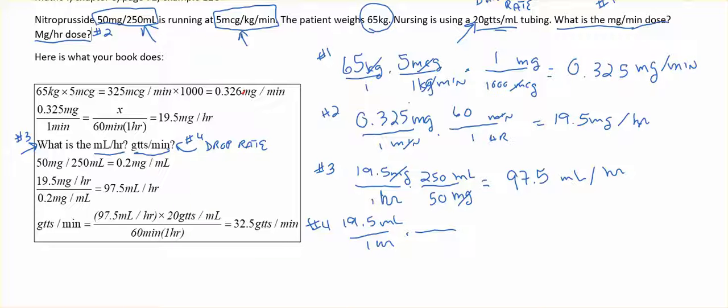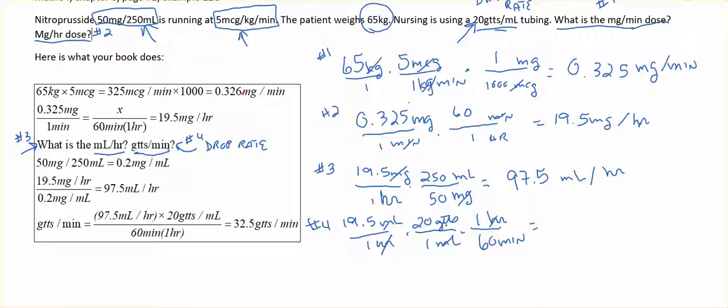Let's see, what was I using? 20 GTTS per milliliter. So 20 GTTS for 1 milliliter. And you can see these guys are going to get knocked out right there. And then leaving me with GTTS per hour, but I want to change those hours. 1 hour over 60 minutes. So there goes the hours.